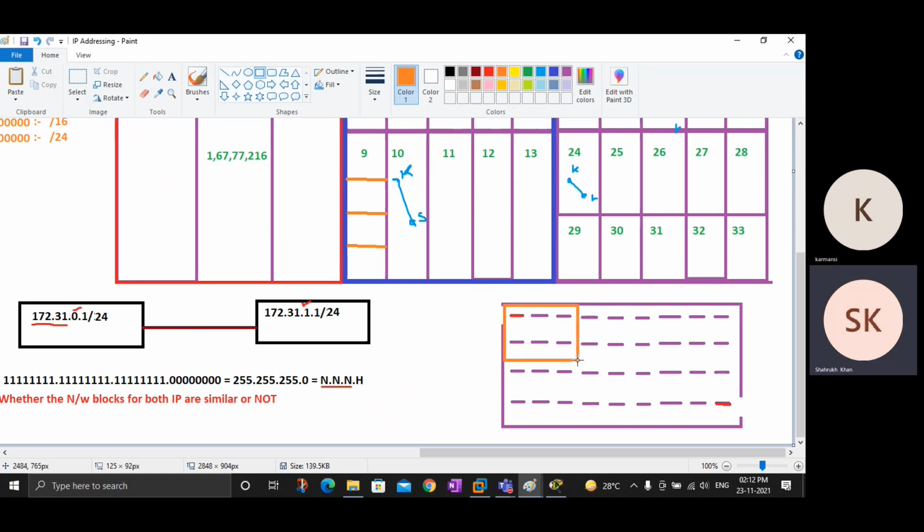But when I created rooms, I created some walls here, and now I got 1, 2, 3, and 4.